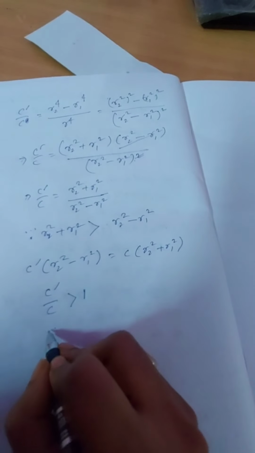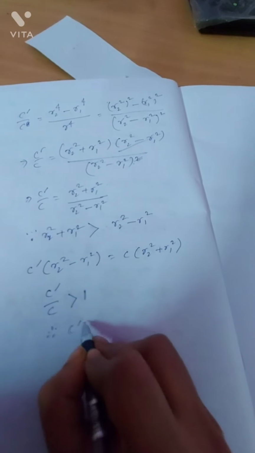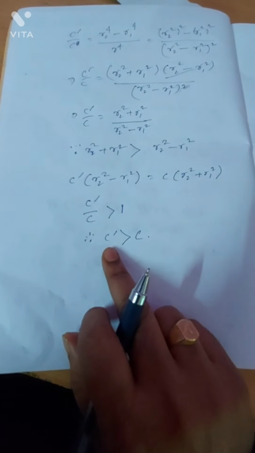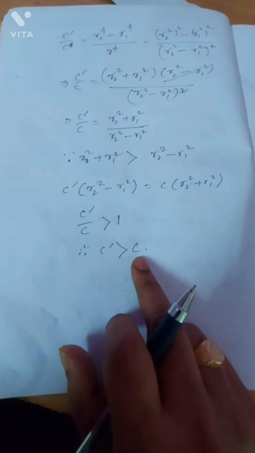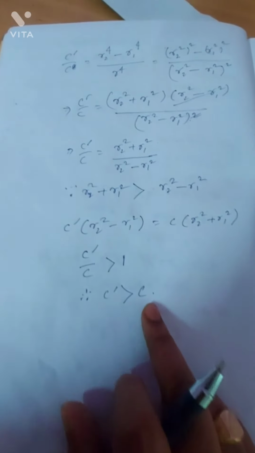As you can see, the torsional rigidity for a hollow cylinder is always greater than that of the solid cylinder.